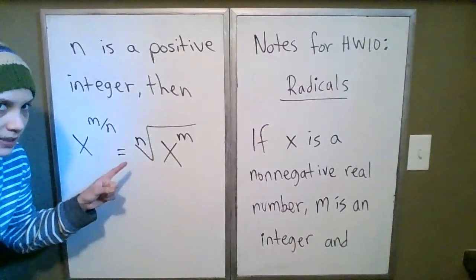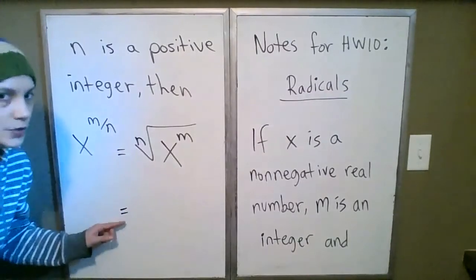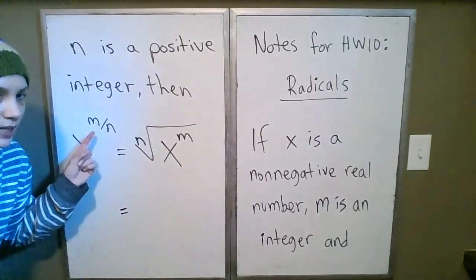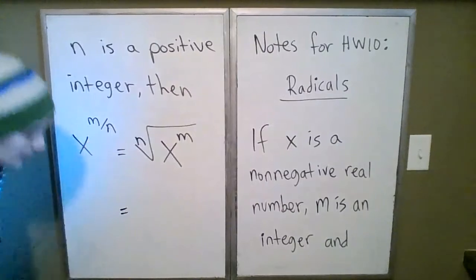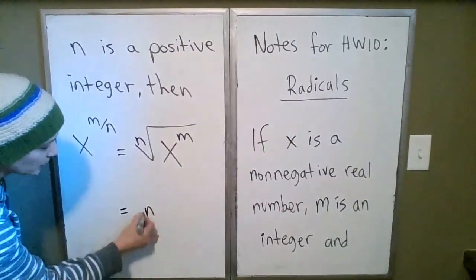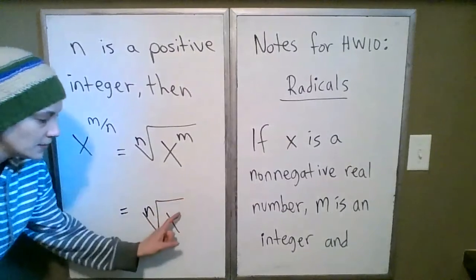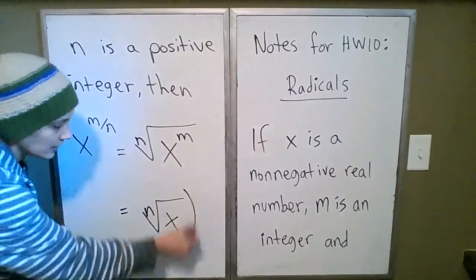Another way you could do it, and this is definitely the best version to use if you're trying to simplify a number that has an exponent like this, is to keep that denominator as your root, still an nth root of x. But instead of that power under the root, we're going to put it outside, like this.